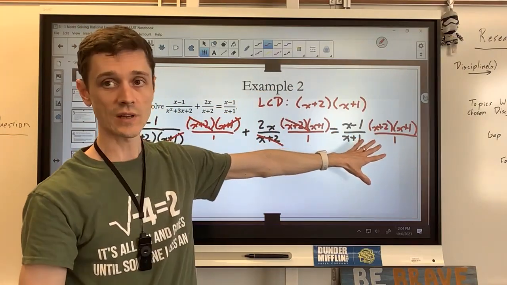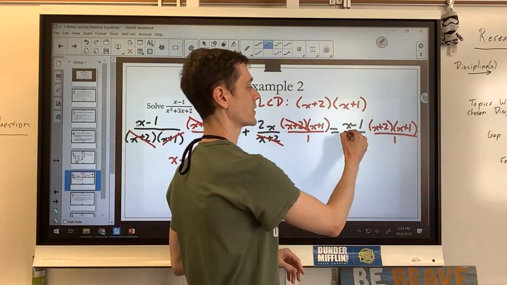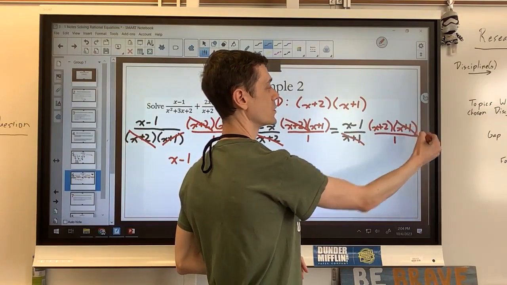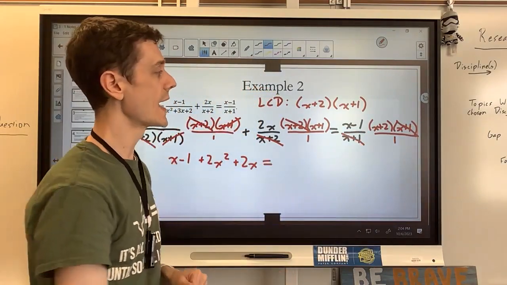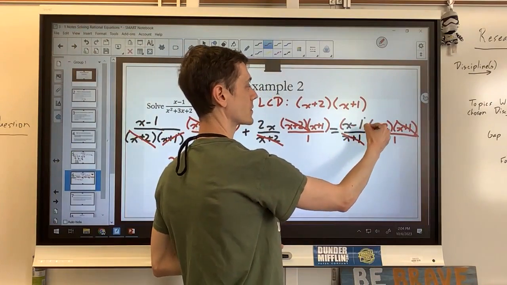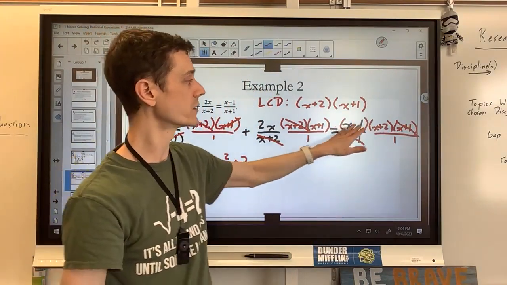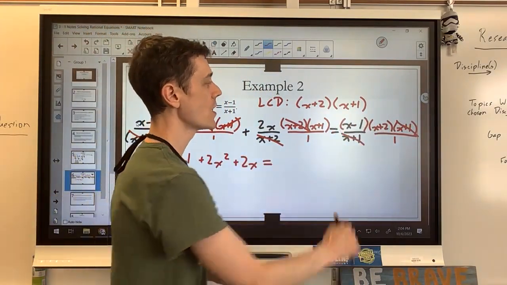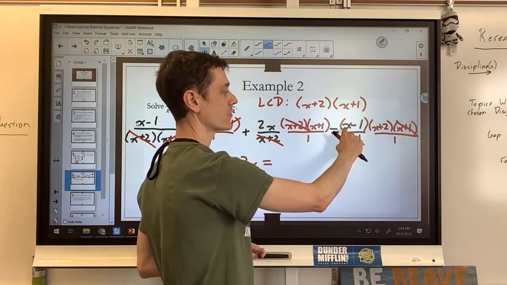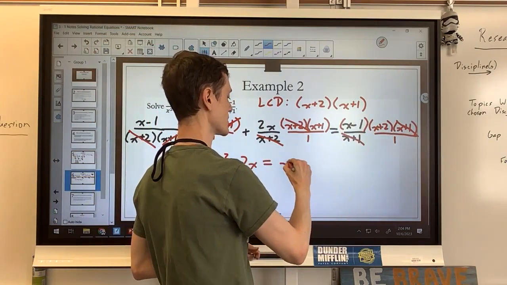For my last fraction down here, it's a very similar process. I have an x plus 1 in the denominator and an x plus 1 in the numerator, so I can cancel those out. And then if you want to save yourself some room on your paper, try to do the distributing right now at the same time. Foiling is how a lot of people learn this. The x times x is x squared.